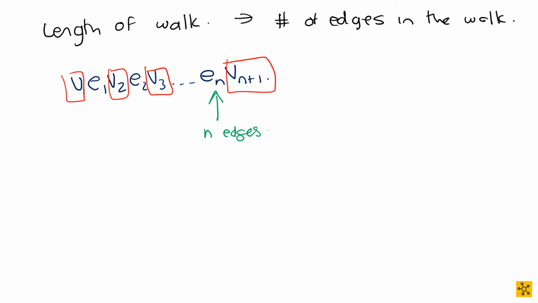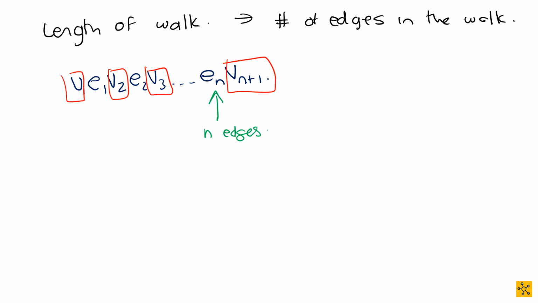Sorry, I think I may have said edge instead of vertices. So the red are your vertices, you'll have N plus 1 vertices, but you'll actually have N edges, just based on your definition of a walk and the way that you labeled your graph. So the whole idea is, if you can determine the number of vertices, you just have number of vertices minus 1, and that would be your number of edges, which is the length of your walk. So it's the number of edges in your walk.